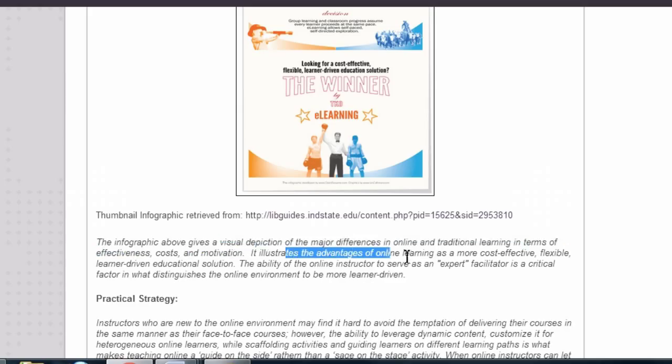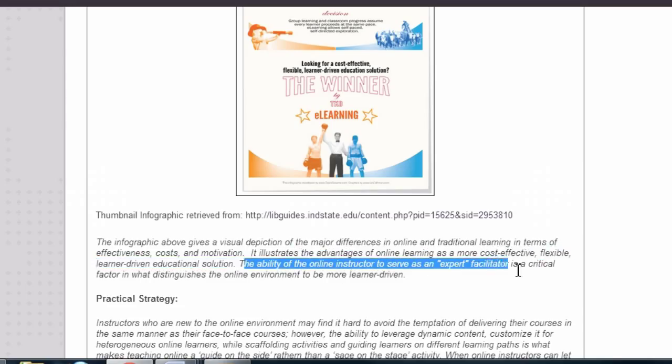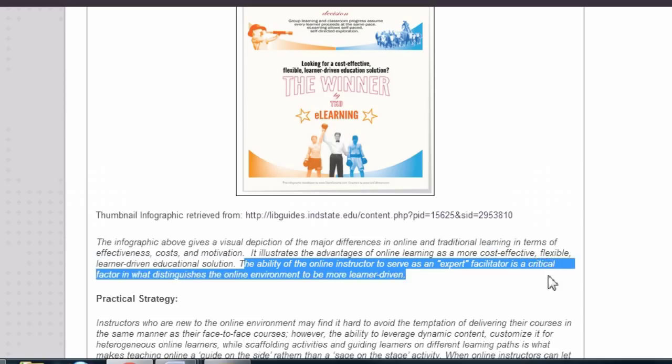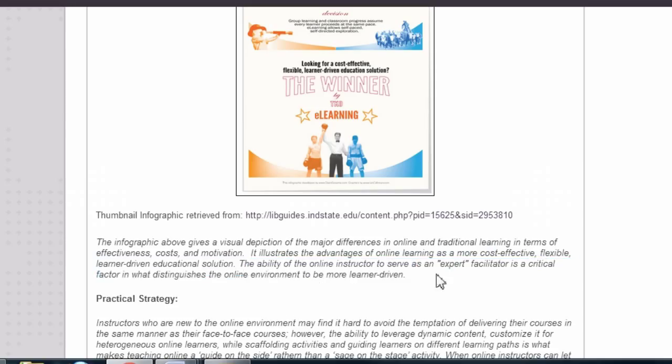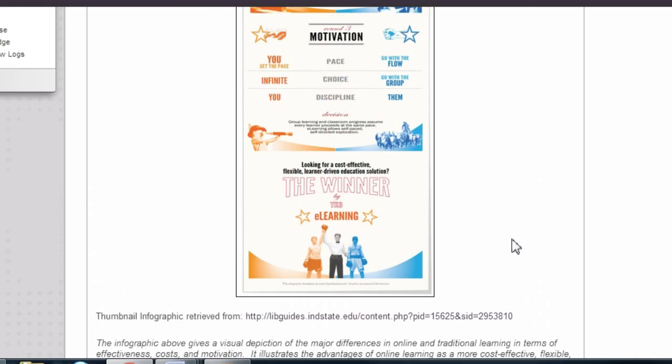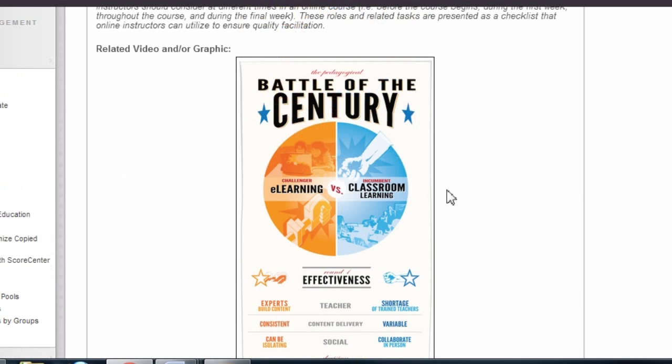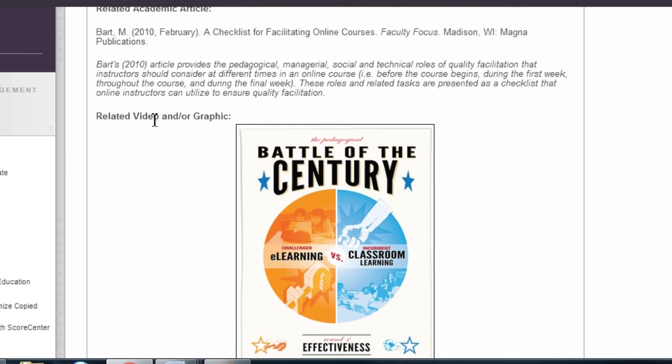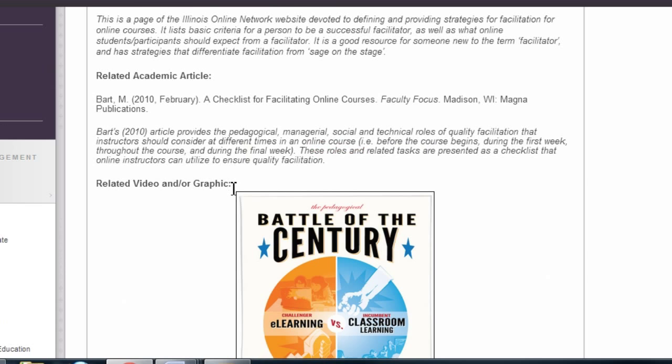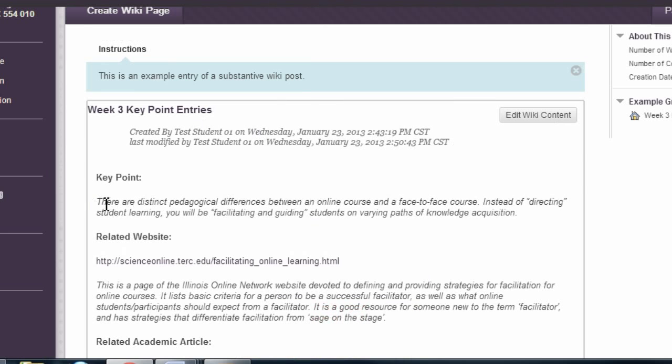It illustrates the advantages of online learning, and the ability of the online instructor to serve as an expert facilitator, and it's a critical factor in what distinguishes the online environment to be more learner-driven. So you see again how the graphic or the video or the picture relates to my key point.